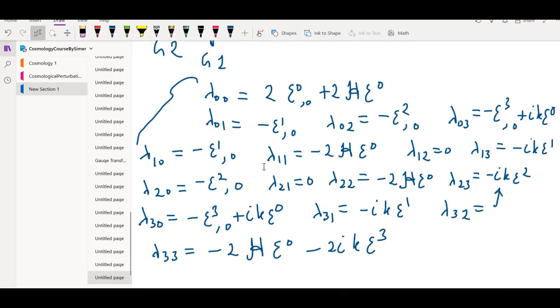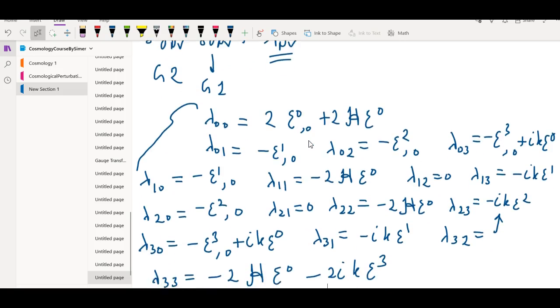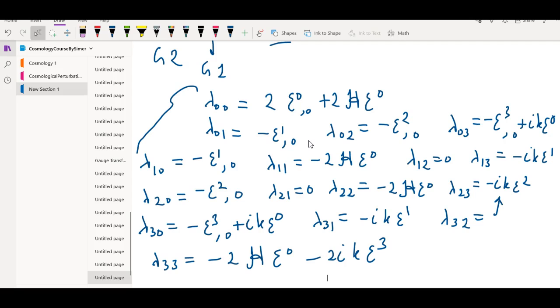Now in all these components you see that when you are doing the gauge transformation, the new components are added. This lambda matrix is the new matrix which is added to the previous delta G mu nu. Lambda mu nu is an addition to delta G mu nu, and these components of lambda mu nu are added to the components of delta G mu nu. And the important thing to notice here is that none of these components is a tensor.